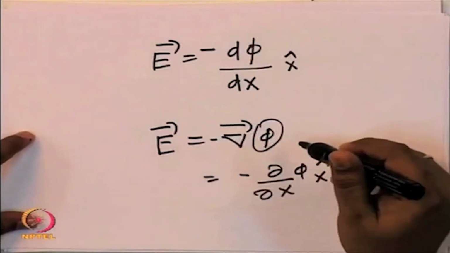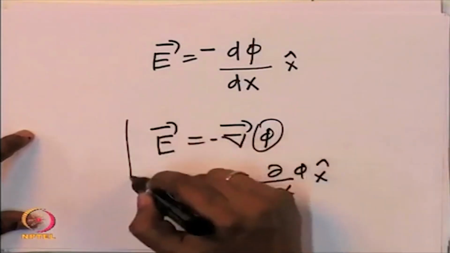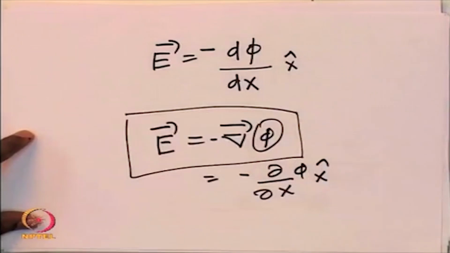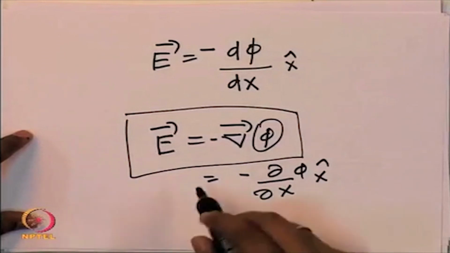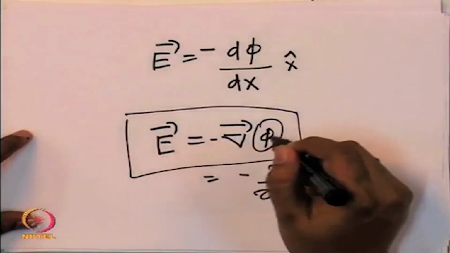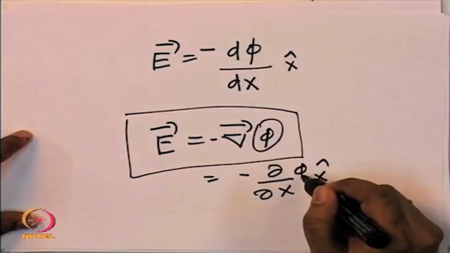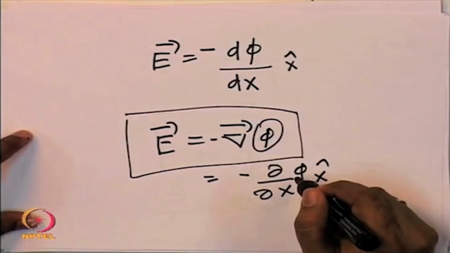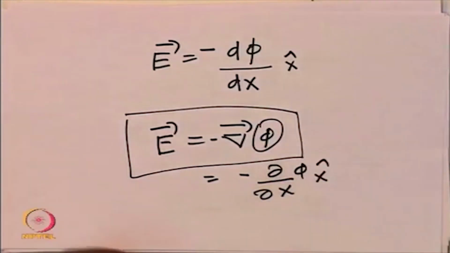Knowing this, this is a simple idea that we have to remember from electrostatics. If we know that the electric field is the derivative of potential, we can go back and do the algebra of all the equations that we learned.